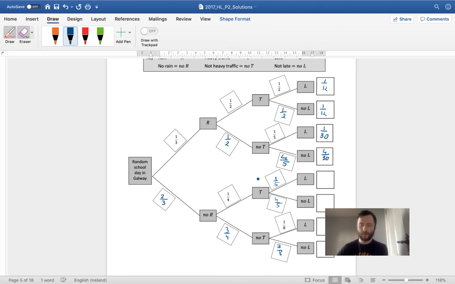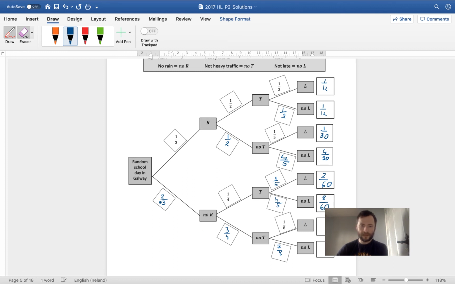So let's figure out numbers along this leg. 2/3 by 1/4 is 1/6, sorry, 2/3 by 1/4 is 1/6, by 1/5, that's 2/60. And then along this leg, 1/6 by 4/5, that's 8/60.